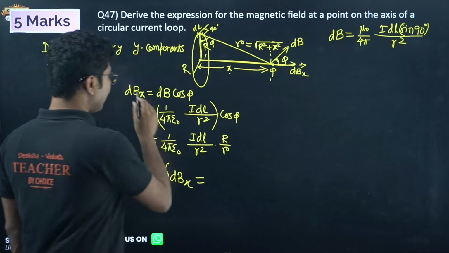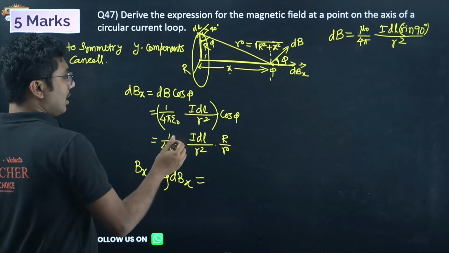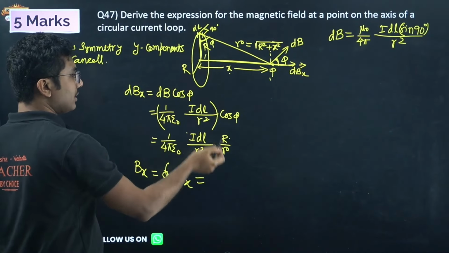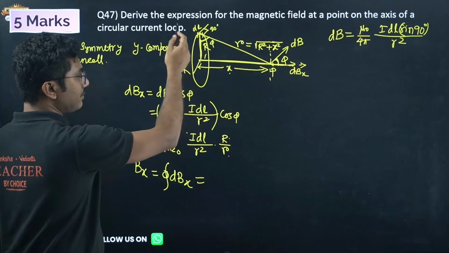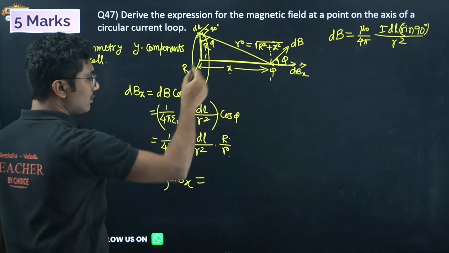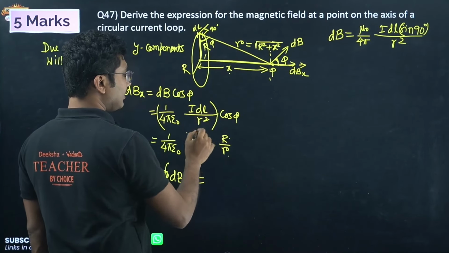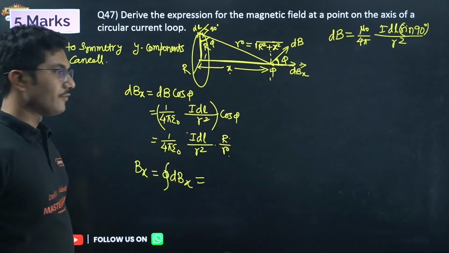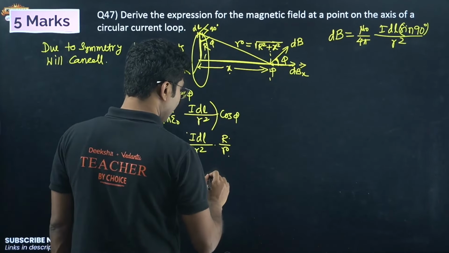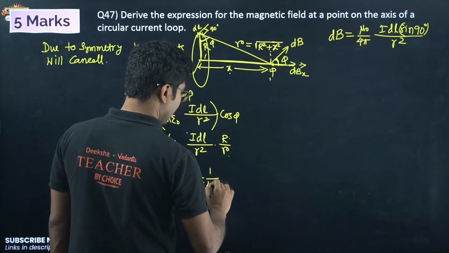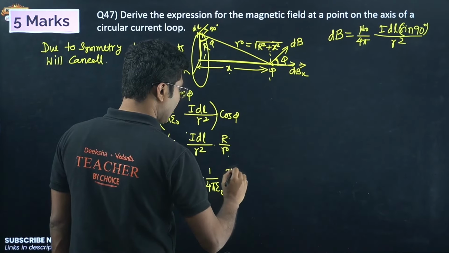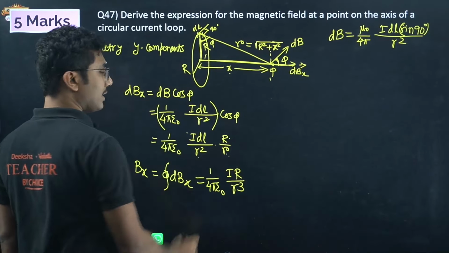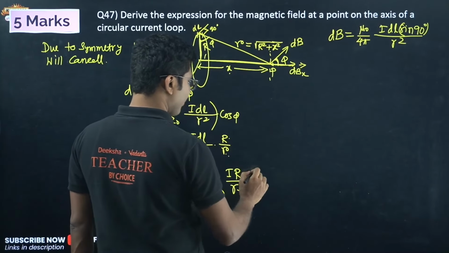Now, as you can see, if you are integrating this quantity, I is constant for a given loop, capital R is constant, and small r is also constant because this point P is fixed. The only thing changing is dl, which is the small component along the length; the remaining things are constant. So we can write 1 by 4 pi epsilon naught, I into R divided by r cubed, because r squared into r is r cubed.